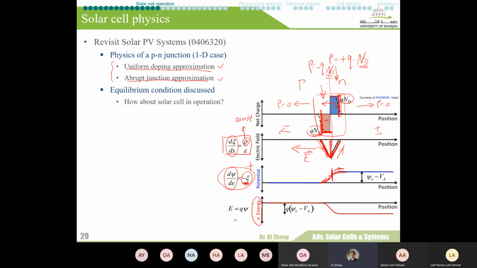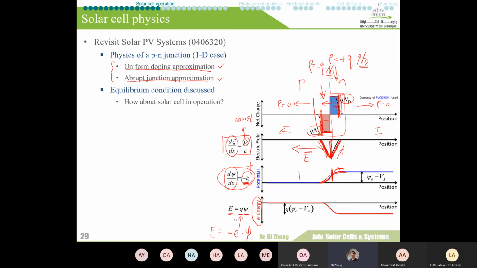So if you want to go from potential to energy, you just have to multiply by the corresponding amount of charge. We know that the electron charge is precisely the elementary charge, but the electron carries negative charge. So for the electron energy, it has to equal negative elementary charge times the potential phi here.